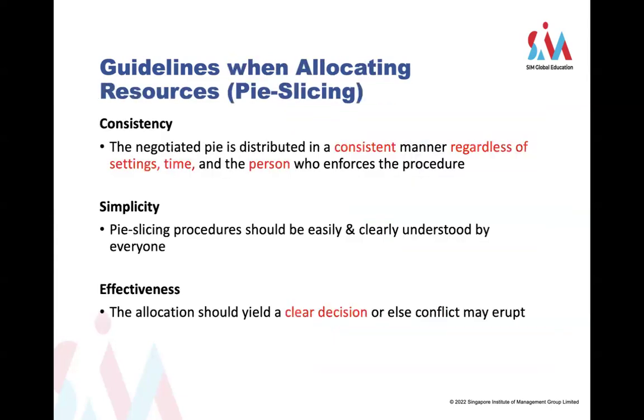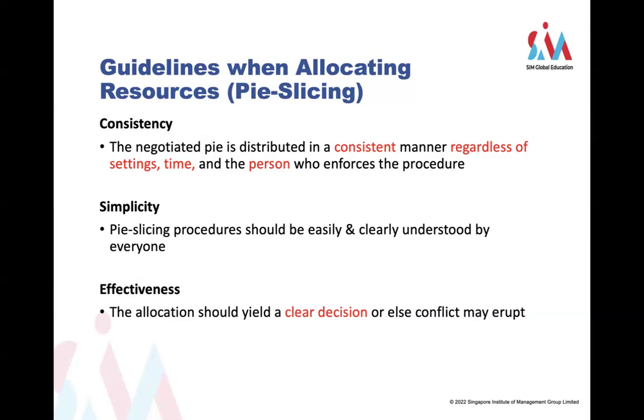First of all, be consistent, okay? The pie should be distributed in a consistent manner, regardless of setting, time, and person, regardless of where you slice the pie, regardless of when you slice the pie, and regardless of the person who is slicing the pie. Okay, it should be done in a consistent manner, regardless of when, where, and who is doing it.